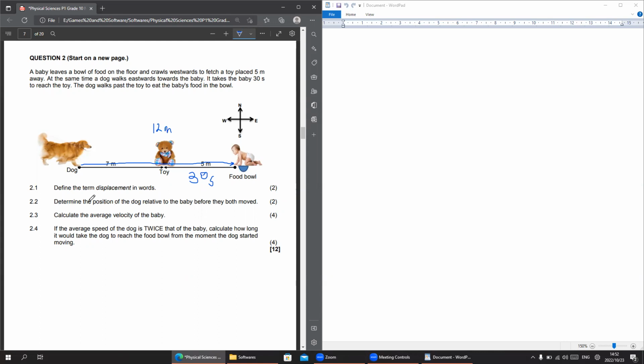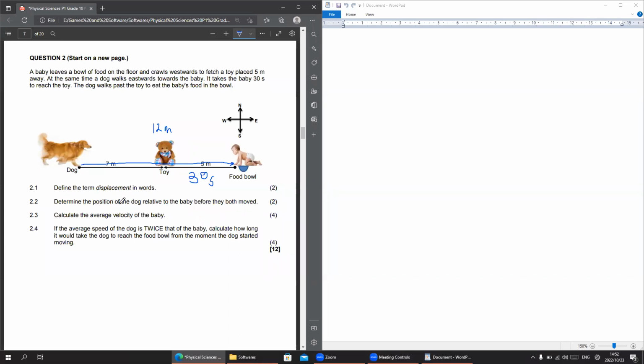So they say determine the position of the dog relative to the baby before they both moved. As you can see, the baby is at the football and the dog is here.